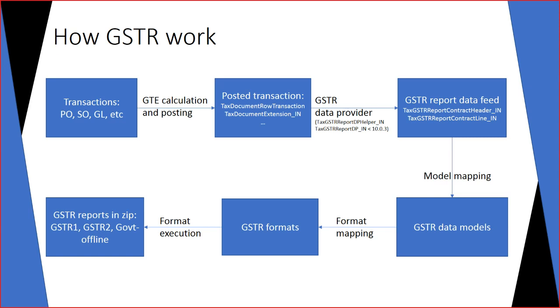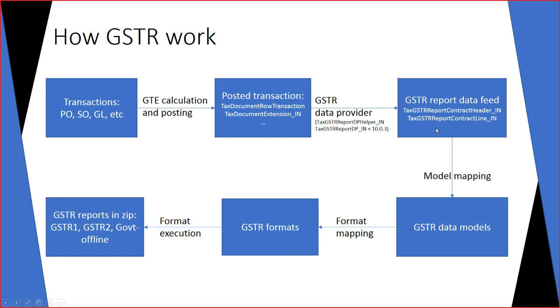So if you are doing extension, we recommend that you go to this one. While if you are still on the older version, then the older class will be the right class to dig further or to do extension. However, when you move to a higher version, you will need to move your customization from the older data provider to the new data provider.